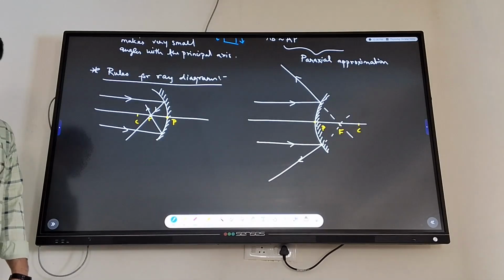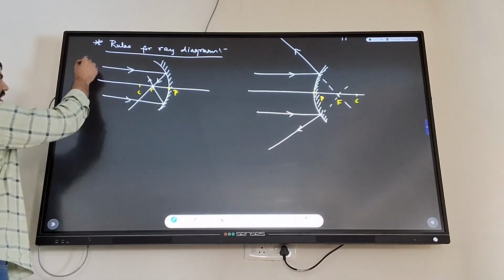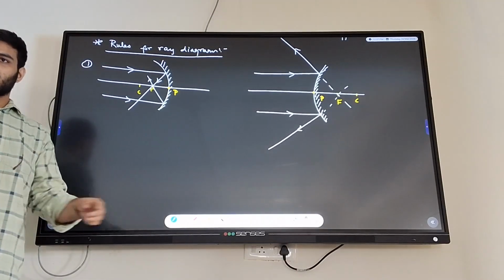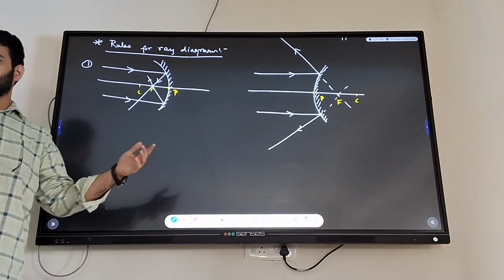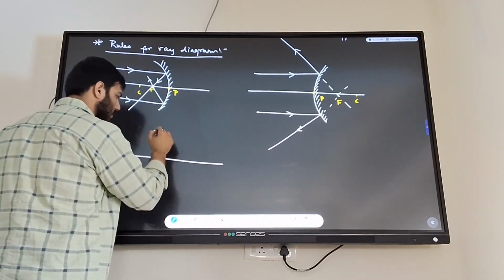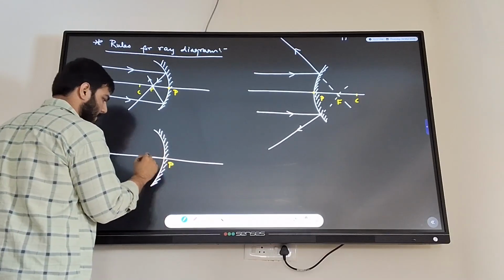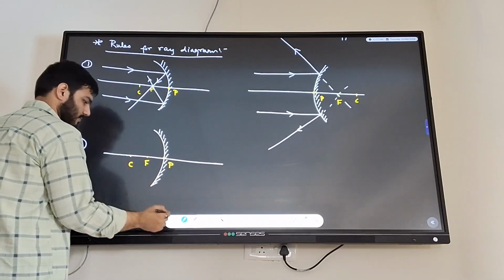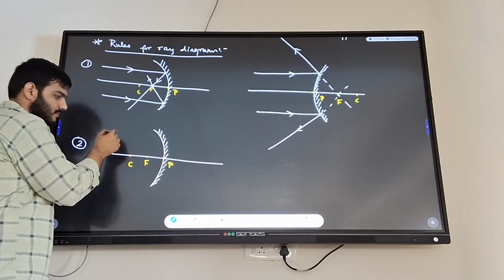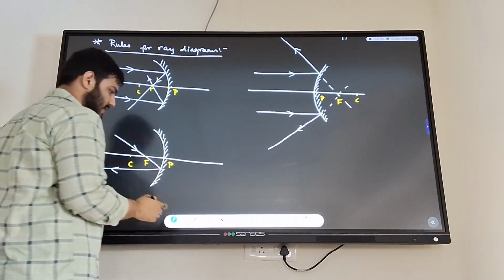Yes? This is the first. Do I have to write that the rays come from infinity? No, sir. They pass through focus. Is the diagram clear enough now? Yes. The rays passing through focus, how will they move? Parallel to the principal axis. Yes, something like this.